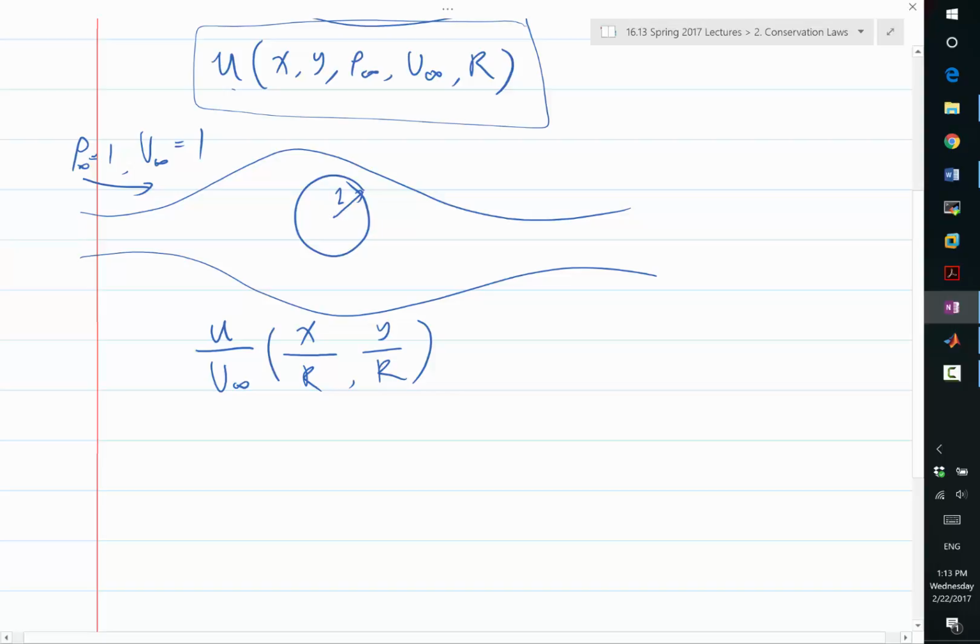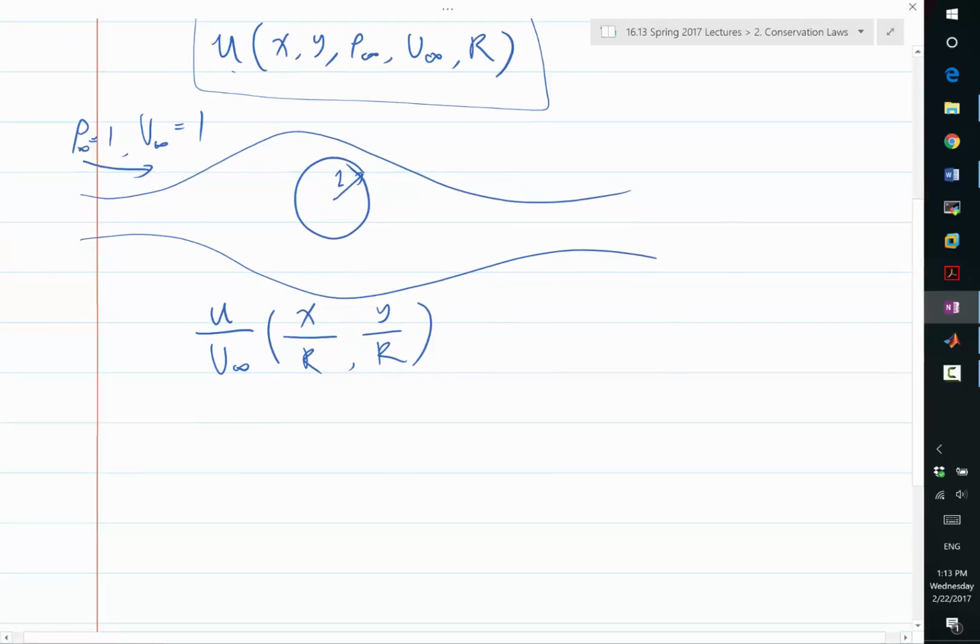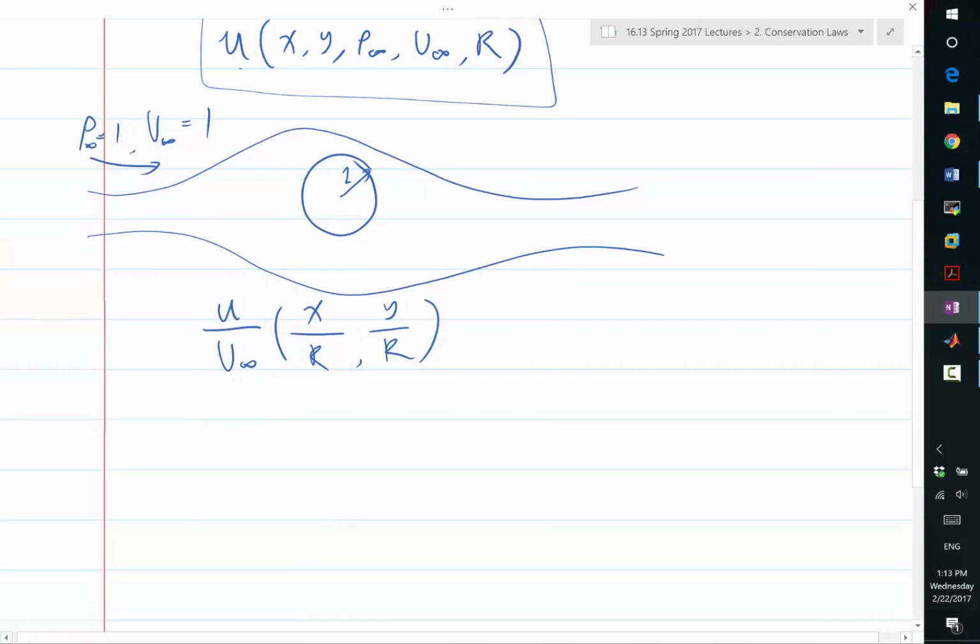All right. So let's look at x. x has the dimension of length, right? y is also of dimension length. Rho has dimension, let's say, mass divided by length cubed, so we have a new dimension of mass.